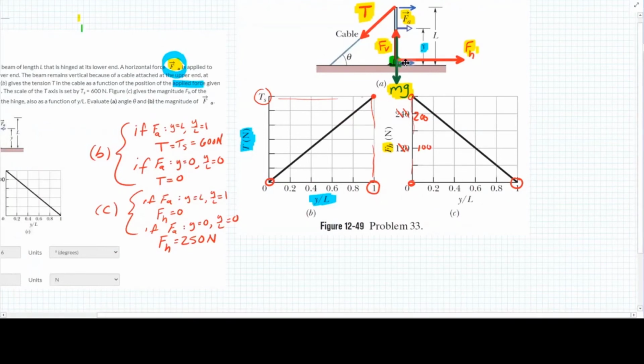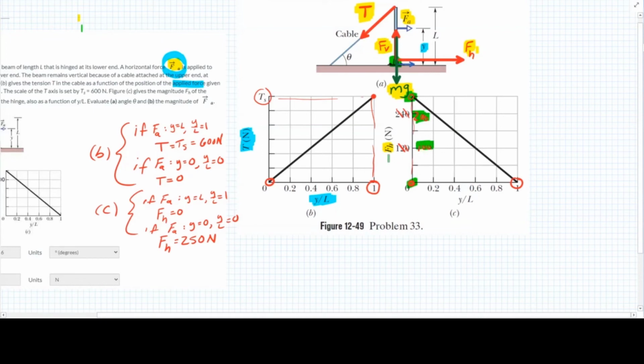All right. If I apply this external force down at Y equals 0, that means Y over L equals 0, which means I'm looking at this point. And when that's the situation, when I'm applying this force, my hinge has a reaction of 250 newtons, which is right here, because for me, that's 200.